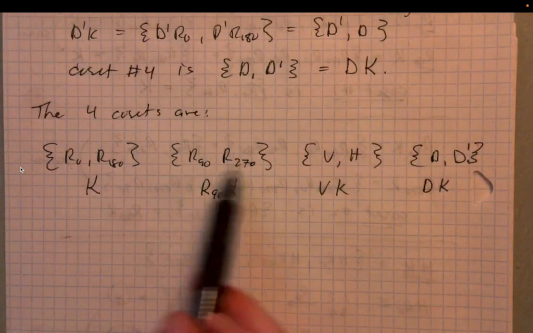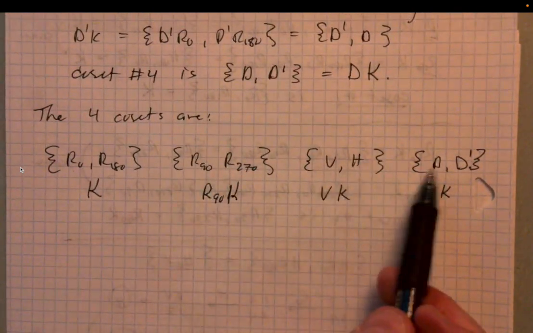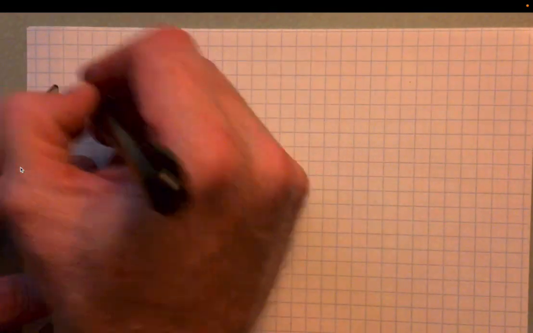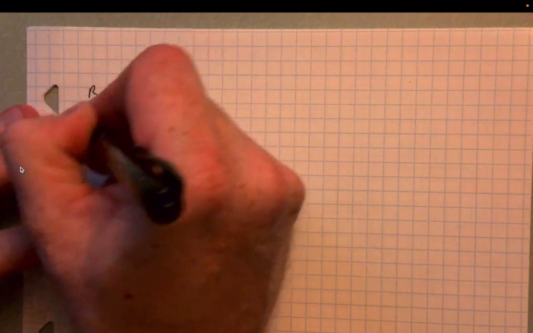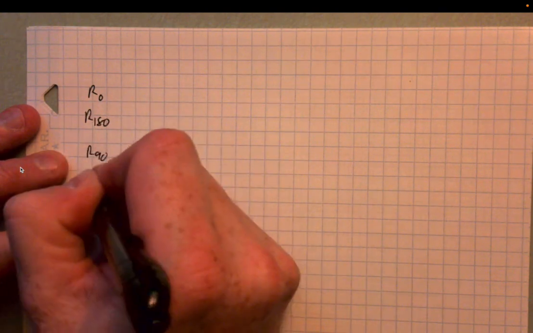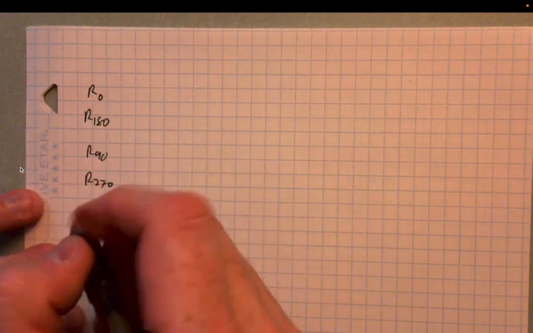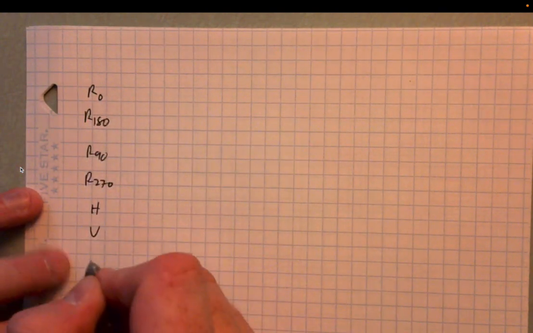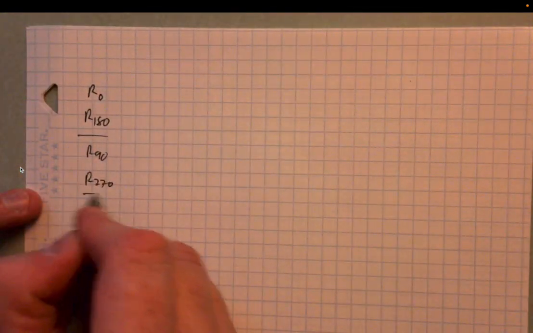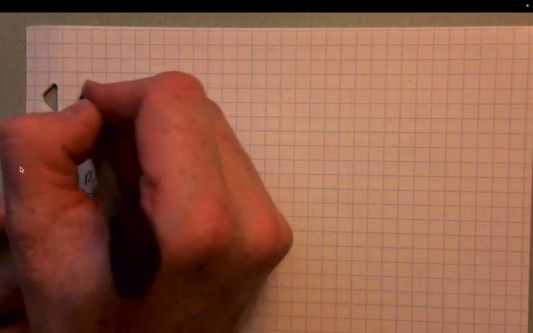And I'm going to do R90 and R270 together, and V and H together, and D prime together. Right, and that's just going to make the structure pop out a little more and make it clear what's going on. All right, so we've got R0, R180, R90, R270, H and V, and then D and D prime. Right, and so the cosets are separated here.